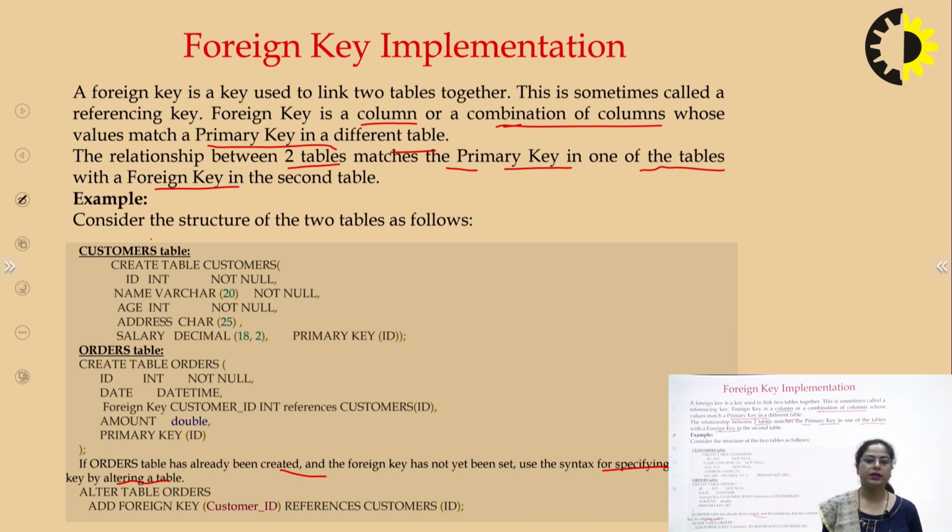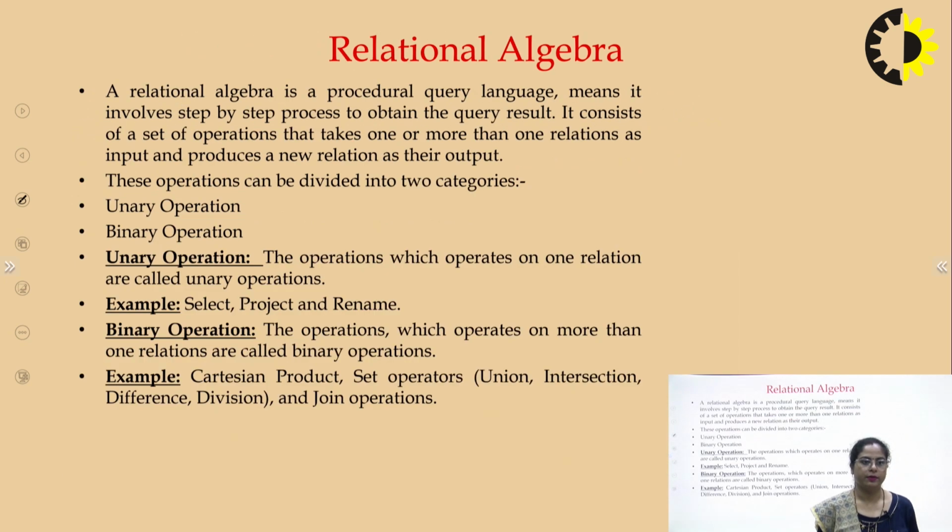The syntax to set the foreign key is: first alter table order, then add foreign key customer ID references customer ID. This syntax is used for the foreign key implementation.